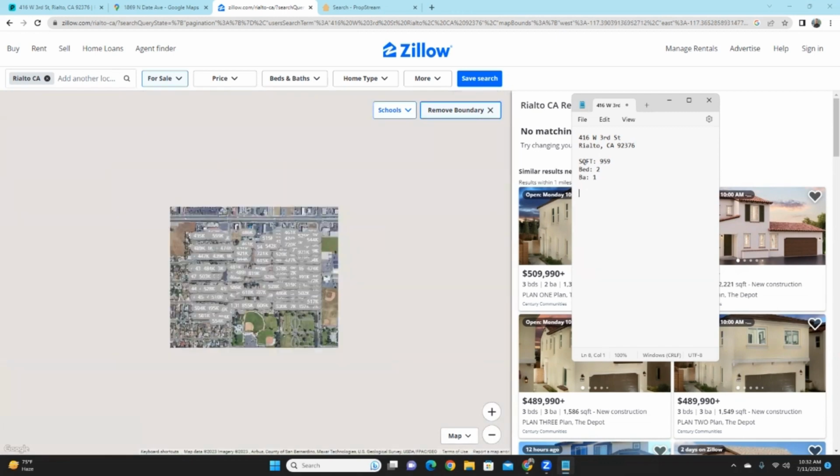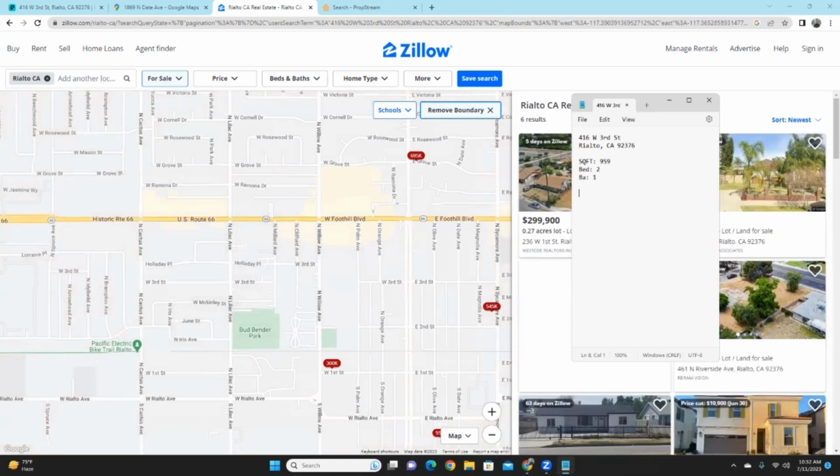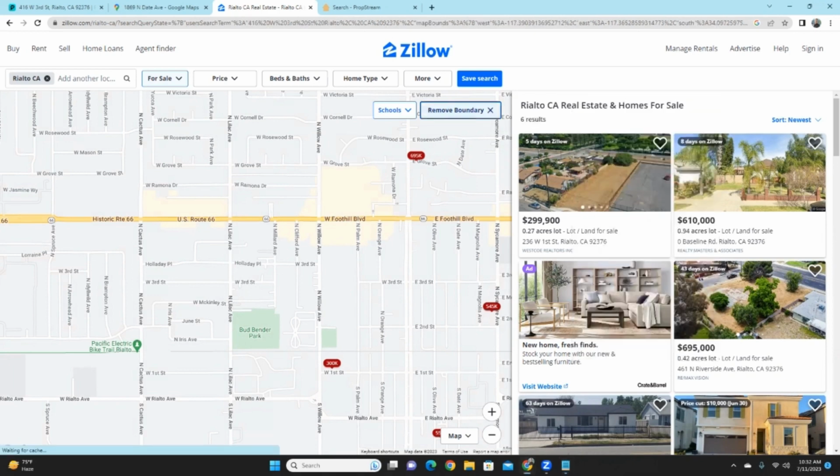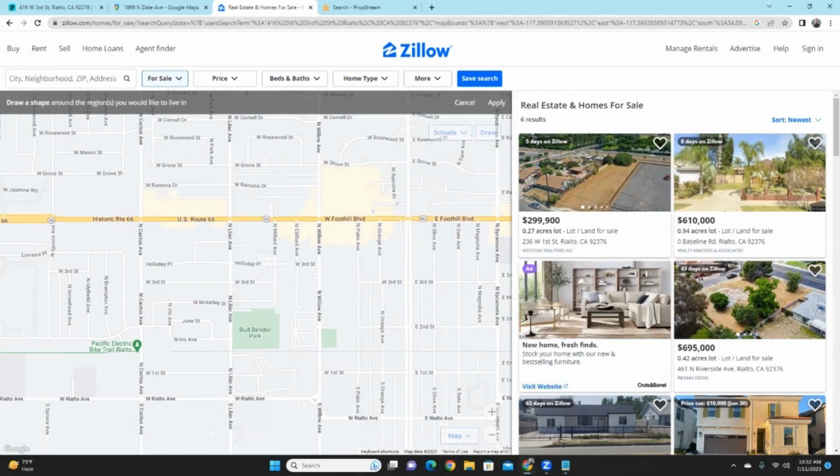So now we're going to zoom out here. We know our address is right here in this little section. We're going to want to map off a good little section. So we're going to draw a new boundary. And let's keep it in this little box right here.